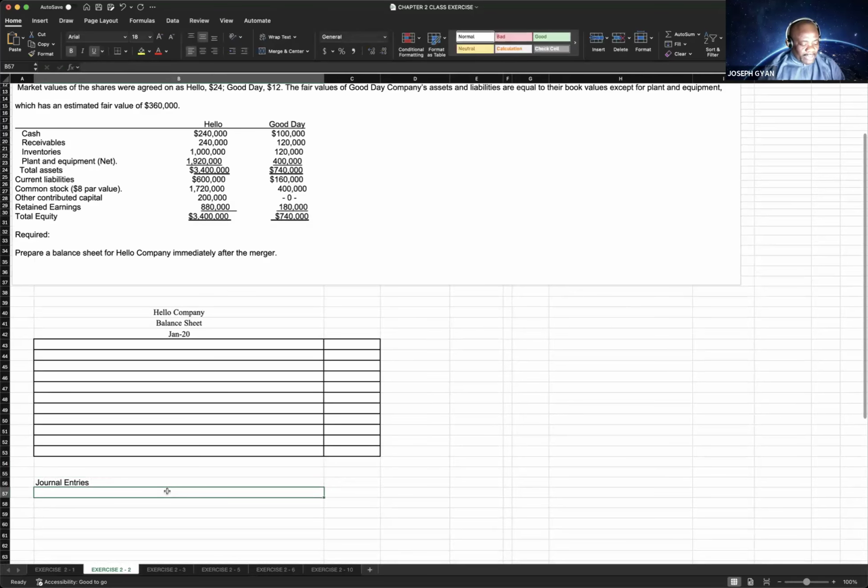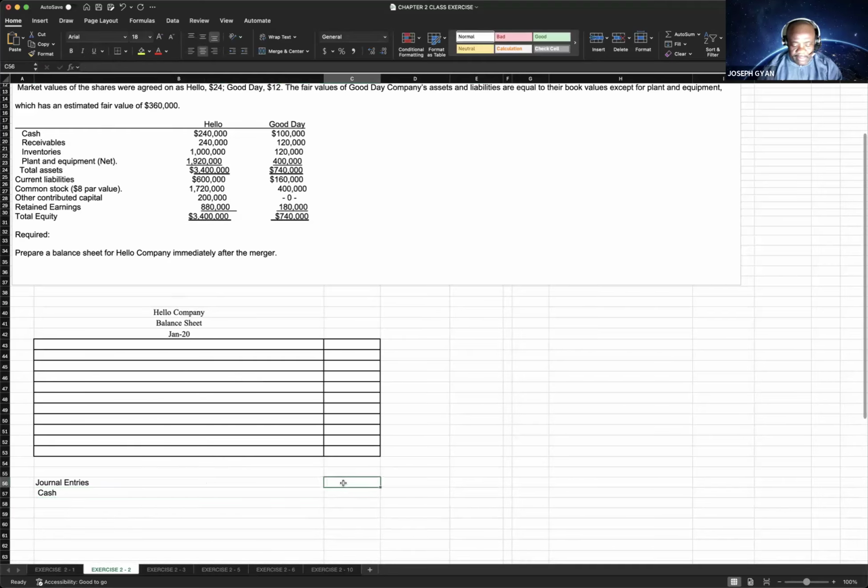So we have to debit the cash. They didn't talk about assumption of the cash. They say we are buying the company and merging the companies together, so we are assuming we are acquiring the cash here. The cash here is 100,000.